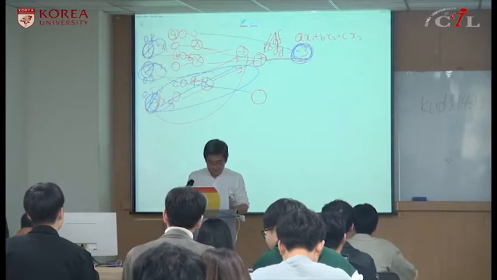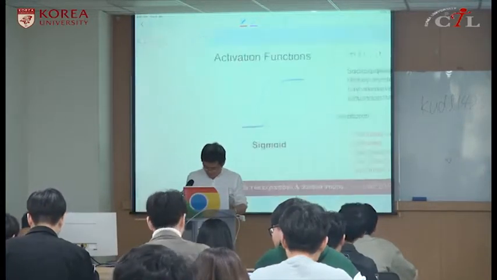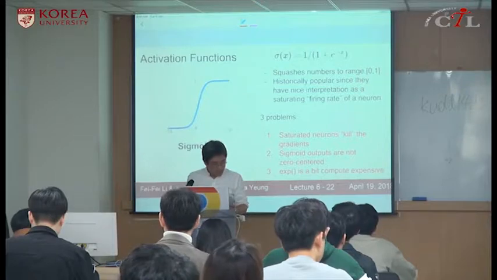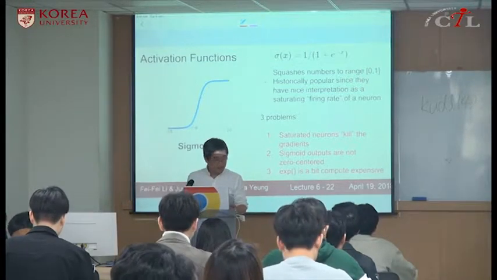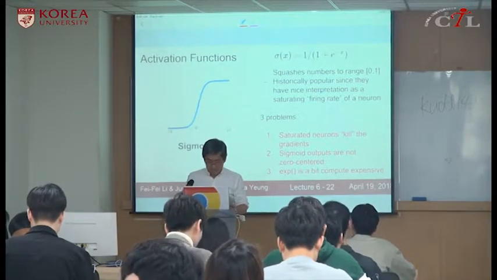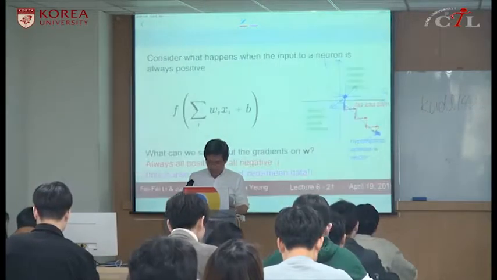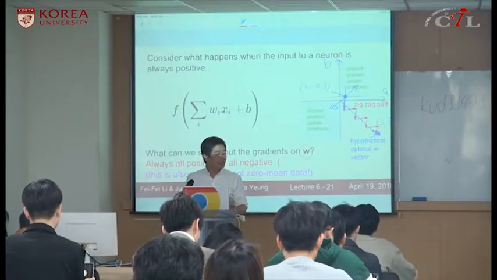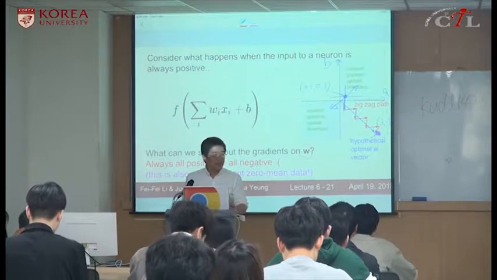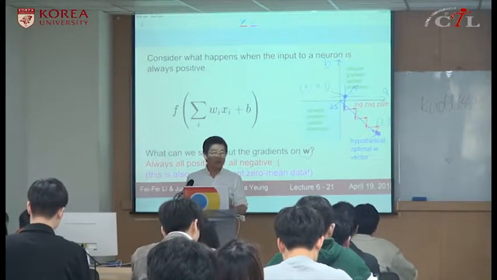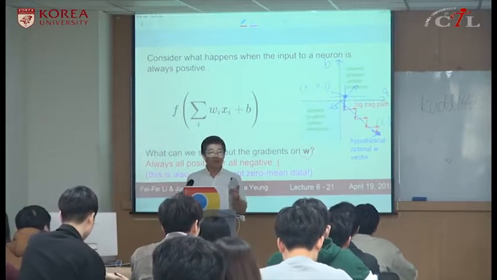Okay, so we are studying chapter 6 about training our neural nets, and we discussed the disadvantage of having all the activation values with the same sign.